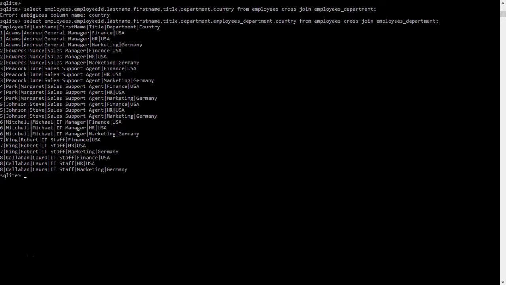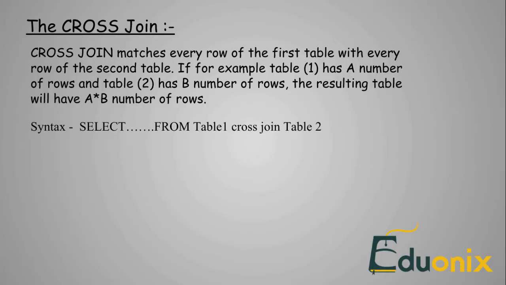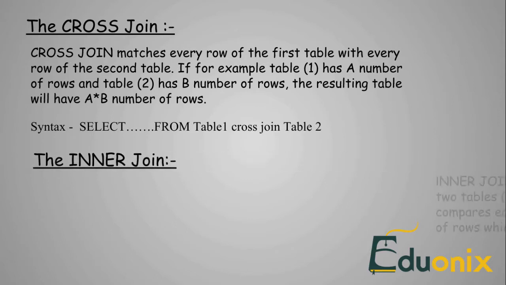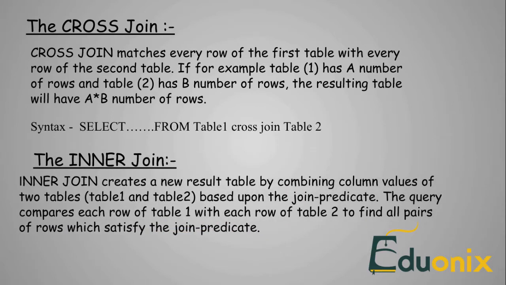So let us now focus on the inner join, also known as the natural join. The inner join creates a new result table by combining column values of two tables based upon the join predicate. This means we have to lay down the join criteria here, which was not the case with cross join.